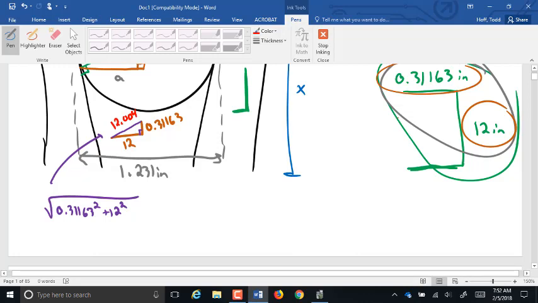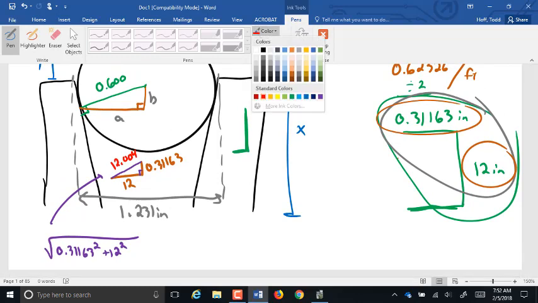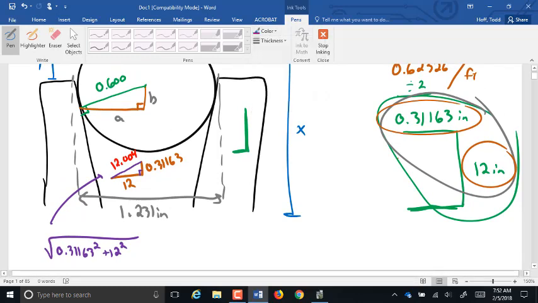So now what that's telling me is up here, I can find A and B. I have the 0.6 relating to the 12.004. 0.6 to 12.004 is the same as A to 12, because A is horizontal, 12 is horizontal.